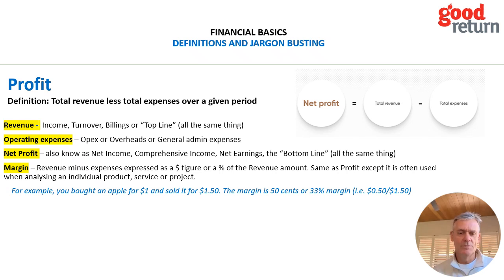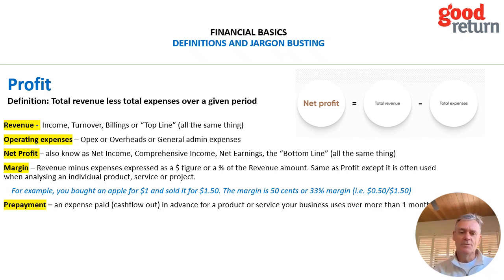So the profit you've made is obviously 50 cents, or the margin you've made is 50 cents. So you take the margin of 50 cents, divide it by the revenue that you earn, or the price you set for the apple, and that simple mathematical equation gives you the margin of 33%. So margins are a good indication of how an individual product, service, or project is performing.